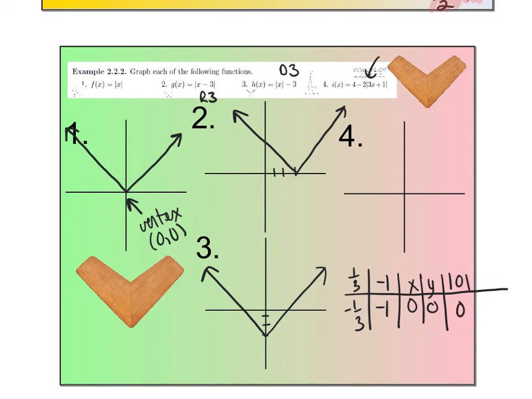Then I multiply by negative 2, which still gives me 0. And then I'm going up 4. So my new point is negative 1/3, 4, which is the beginning of my absolute value.